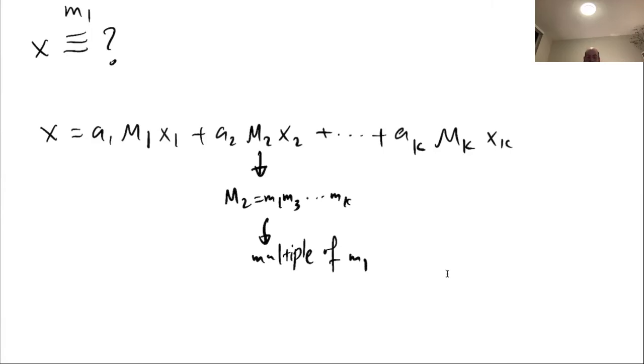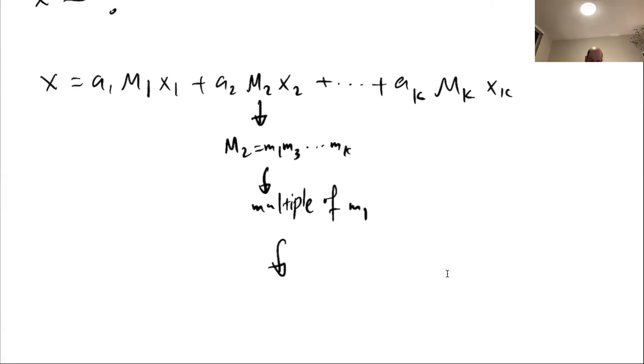And if a number is a multiple of M1, then mod M1, that number is 0. From the beginning of today's lecture, we repeatedly use this fact that if a number is a multiple of M, then mod M, that number is 0.